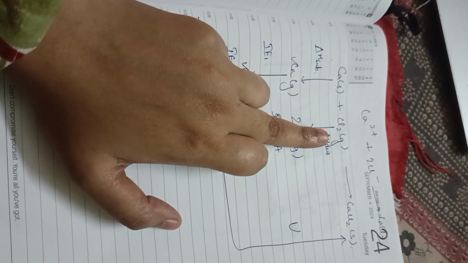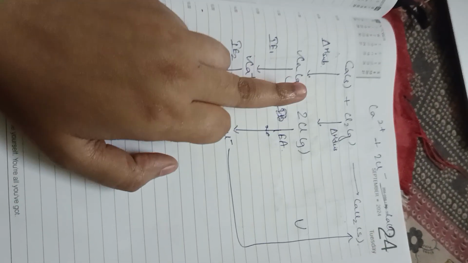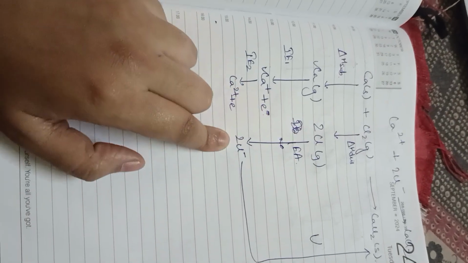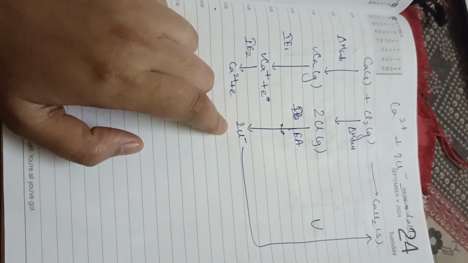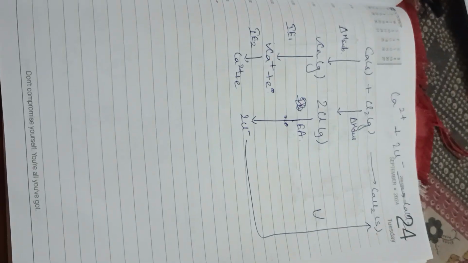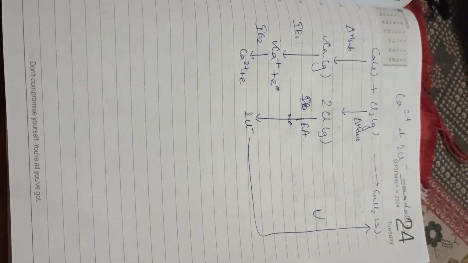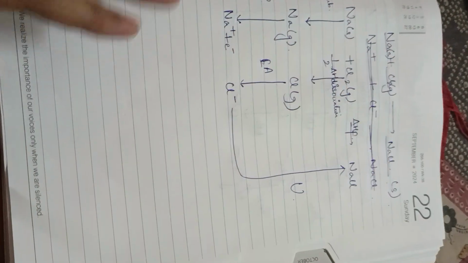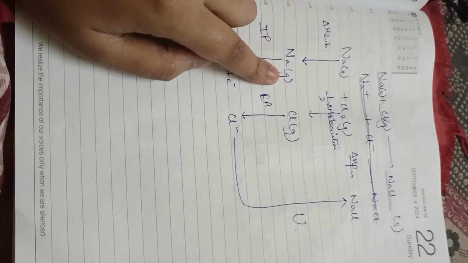No need of half dissociation, full dissociation you will do. Here you got Ca2+, and in the same way, electron affinity gives 2Cl-. Now these two will react to give CaCl2. Understood? Okay, done.